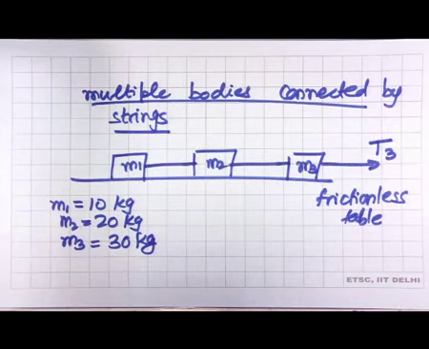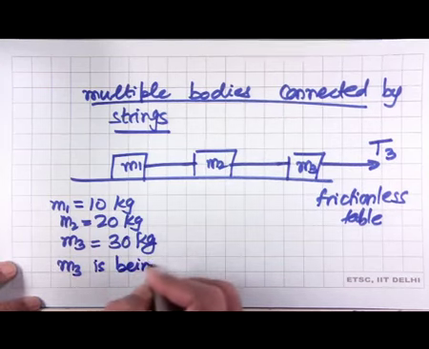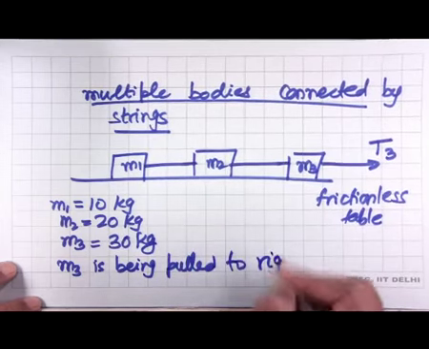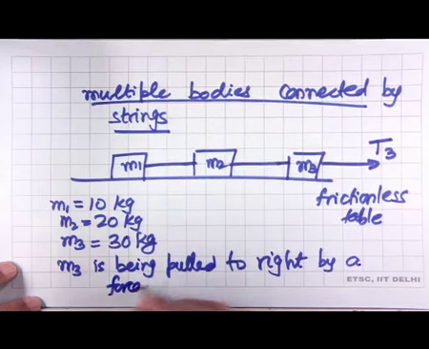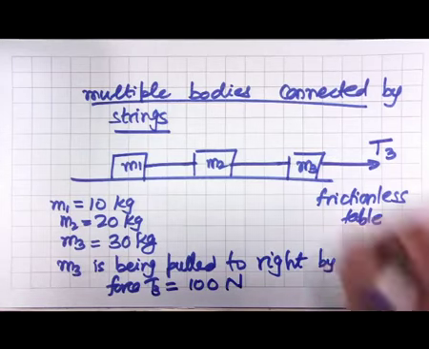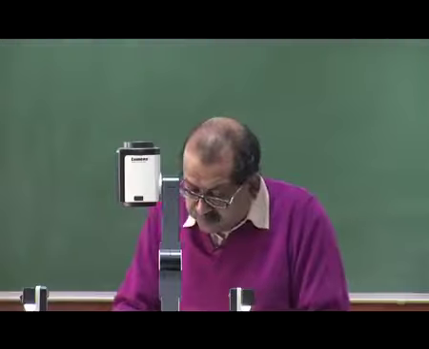And here what is given to us is m3 is being pulled to the right by a force T3 equal to 100 Newton. So, a 100 Newton force is applied to the block on the right, and so all of them are moving. It is a frictionless contact.